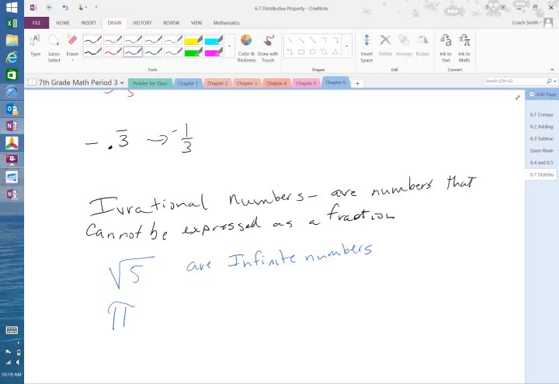Pi is an approximate of what that number stands for, but realistically, pi is an infinite number. And so those are what irrational numbers are.